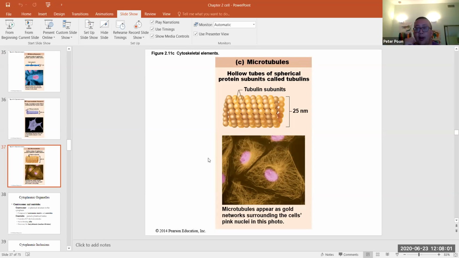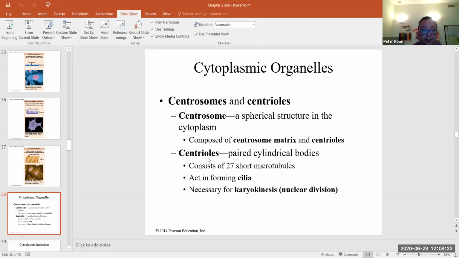Later on in the video, they'll show you a protein walking, carrying a big sack of stuff. That is walking on a microtubule. So microtubules, in addition to providing support for the cell, provide a freeway system for the cell. In the middle are centrosomes and centrioles.